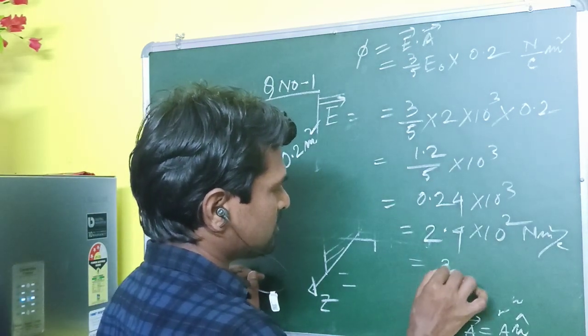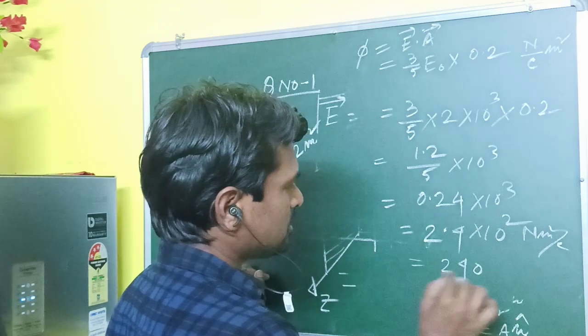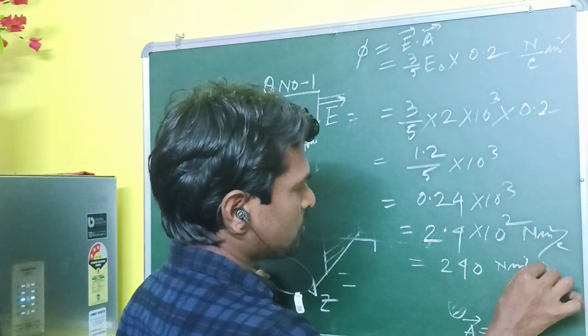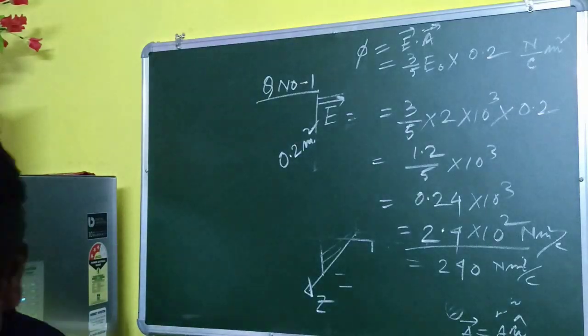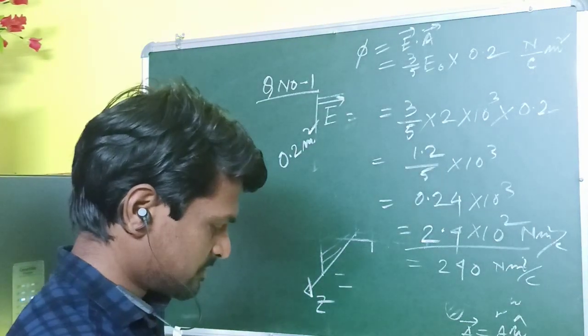Yes, the answer is correct. So 240 Newton meter square by Coulomb. Okay, so the answer is correct, and we go for the second numerical.